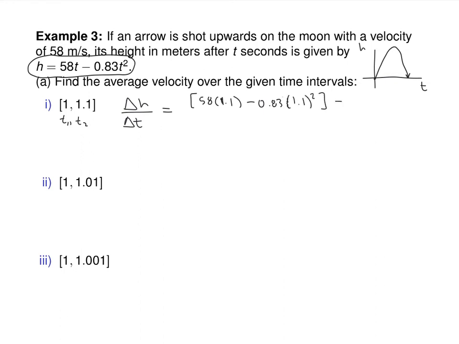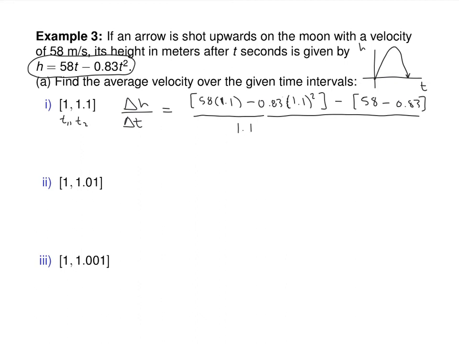And how would I find the height at 1? Same thing with 1. That'd be 58 minus 0.83, wouldn't it? And then what is the change in time? How much time has passed? 0.1, right?